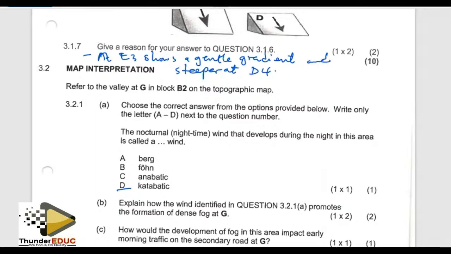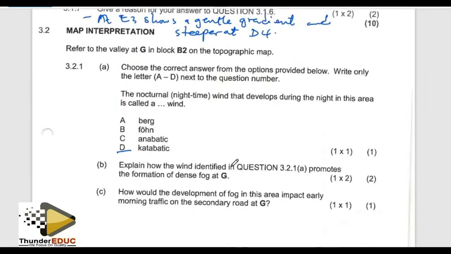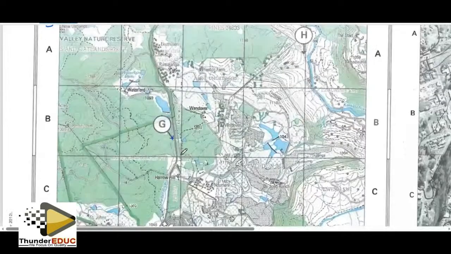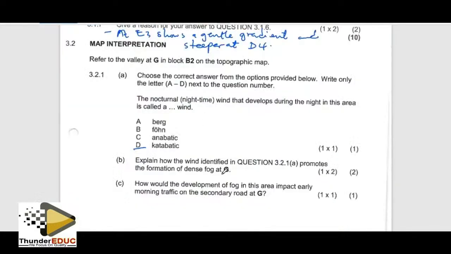Then question C: how does development of fog in this area impact early morning traffic on the secondary road? So consider this is our secondary road here. And they're saying that there's already a lot of fog in this area. So how will it impact early morning traffic?